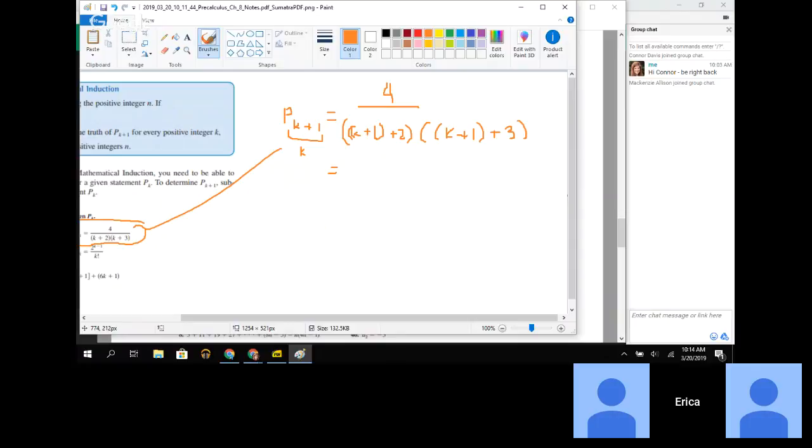All right, so let's simplify this, and we get 4 over k plus 3 times k plus 4. So for this particular one, not too bad, right? p sub k plus 1 is equal to 4 divided by k plus 3 times k plus 4.